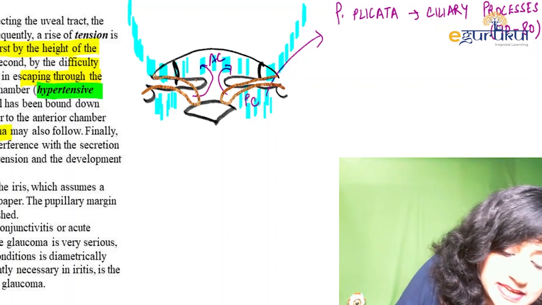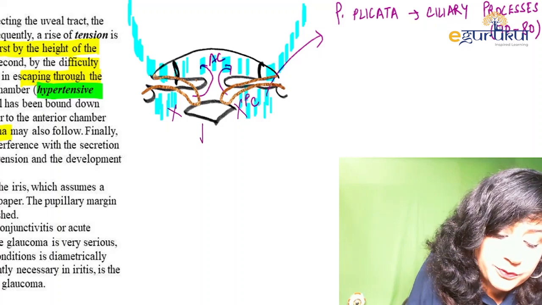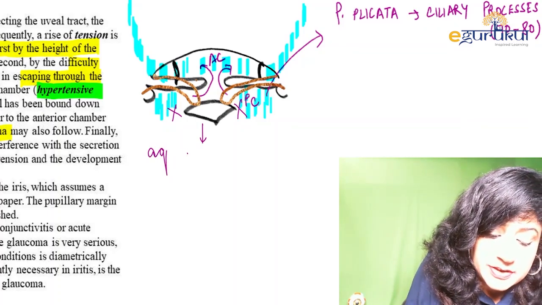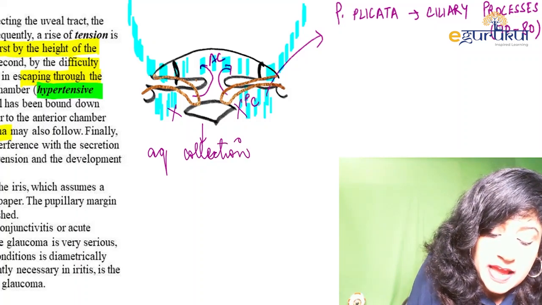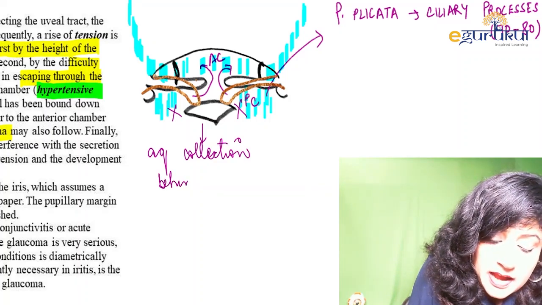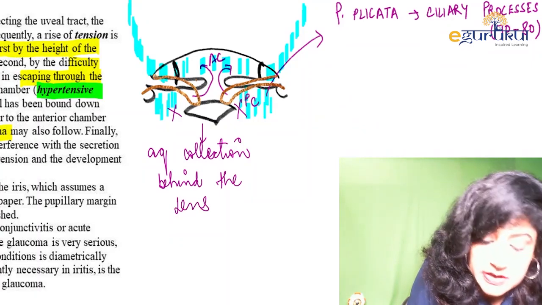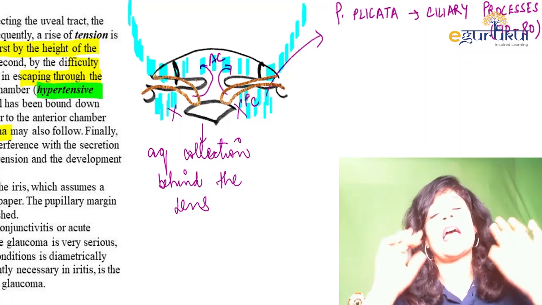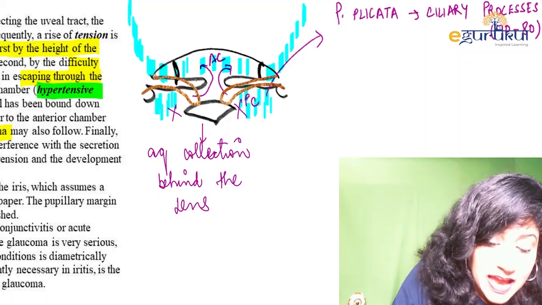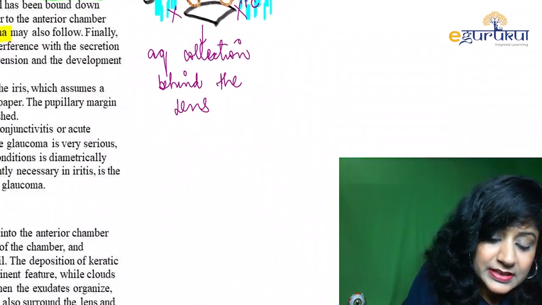Now once this area is blocked, what is happening? We will have a lot of aqueous collection, and that too behind the lens. So this will be pushing the iris anteriorly, and that will be called iris bombé formation. Let's try to see that.